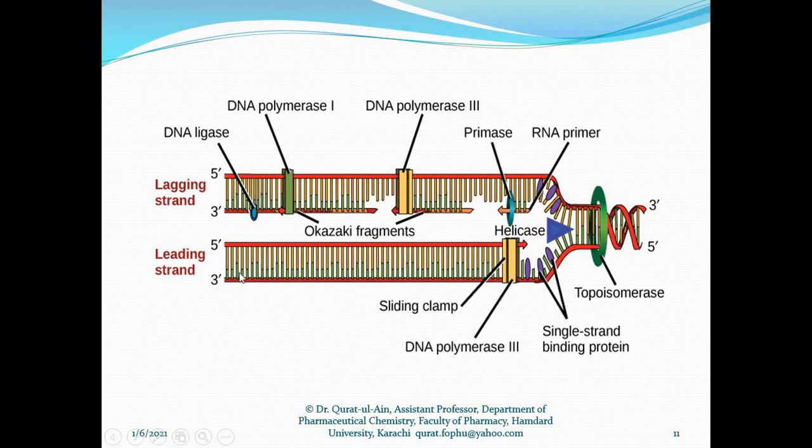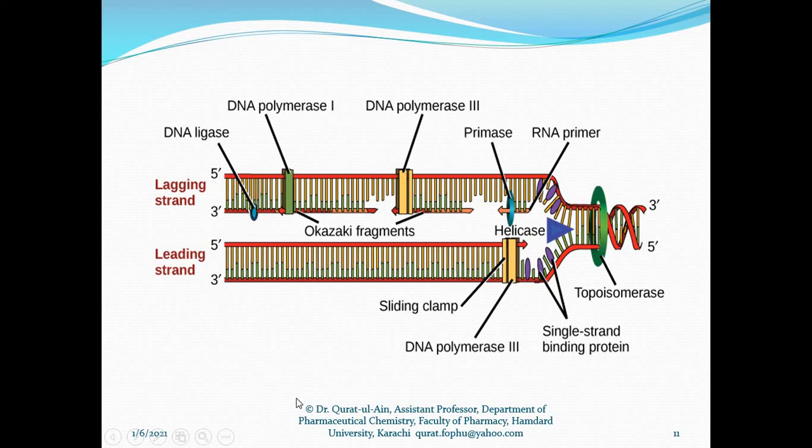So the strand on which DNA synthesis is completed in the 5 to 3 prime direction, we call this strand the leading strand. However, on the other strand, the synthesis again goes 5 to 3 prime, but the template strand is 5 to 3 prime, so it would be the lagging strand.